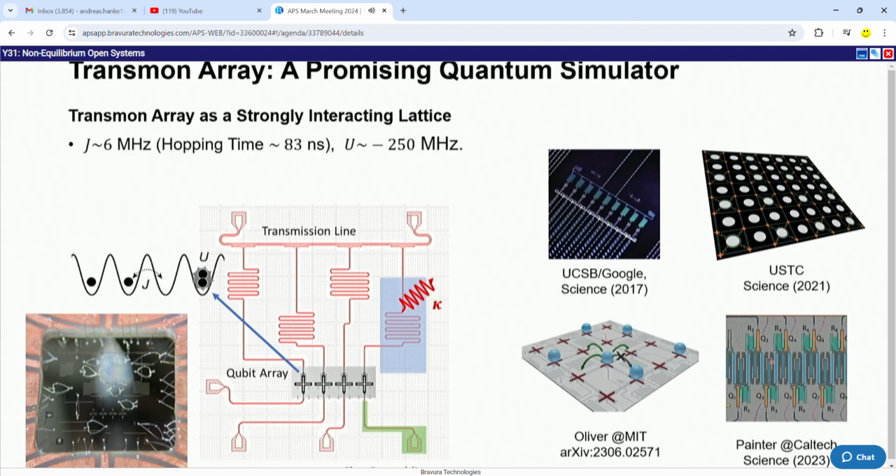In it, the hopping rate of photons between two sites is about 6 MHz, and we also have an on-site microwave photon interaction of about 250 MHz. The typical coherence time of our device is larger than the time for photon hopping in our lattice. Therefore, the superconducting system provides a promising playground to build a highly coherent lattice.